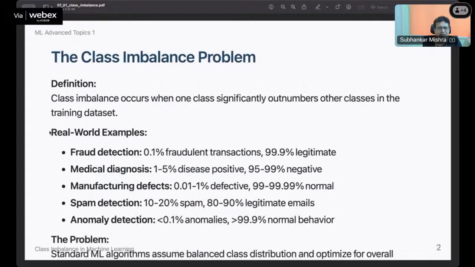Fine. So we'll just start with the class imbalance problem. Today we'll be tackling one of the most common, yet challenging problems in real world machine learning.